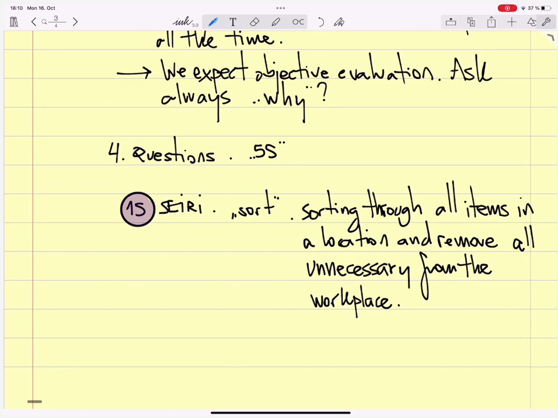We're cool, right? Everything that hasn't been used for, let's say, 6 months is removed.